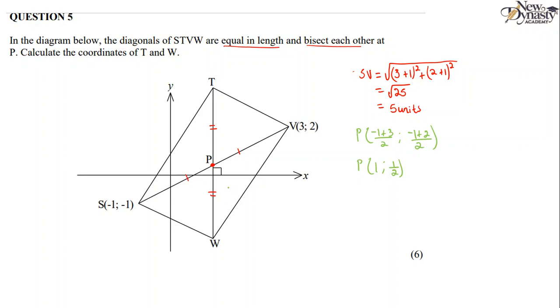So since TW is also perpendicular to the x-axis, it tells us that TW is a straight line up from T down to W, just like the y-axis. So which means they share the x value here. So if you can find out what is really x there, the x value is 1 basically at P. So it means also at W the x value is 1, and also at T the x value is 1.